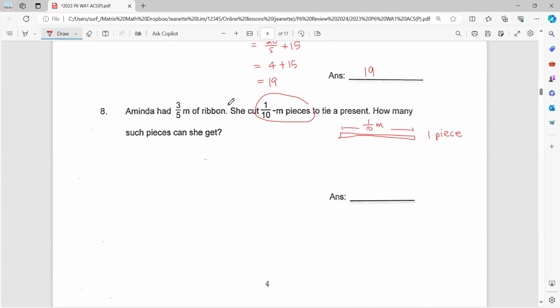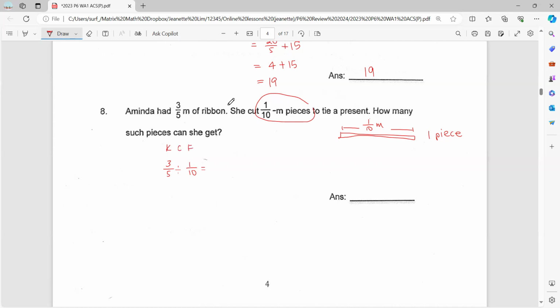Now, the 3/5 meters is the total length. So to find the number of pieces, you're supposed to take the total ribbon, divide by the length of every piece. So 3/5 divide by 1/10. Again, you want to apply a keep, change, flip. KCF. Keep this, change this, flip this.